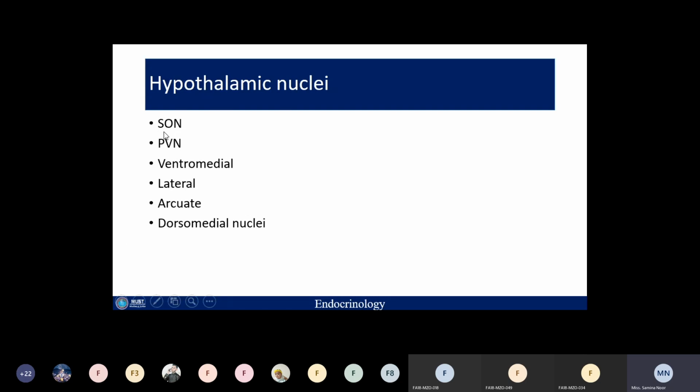Here is a list of some important hypothalamic nuclei, including the supraoptic nuclei, paraventricular nuclei, ventromedial, lateral nuclei, arcuate nuclei, and the dorsomedial nuclei.